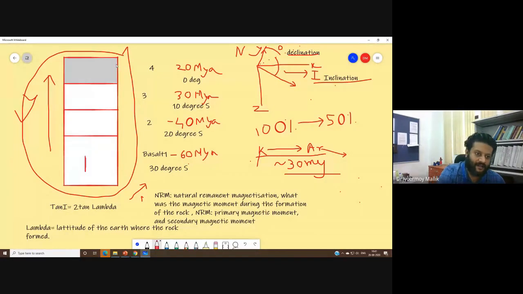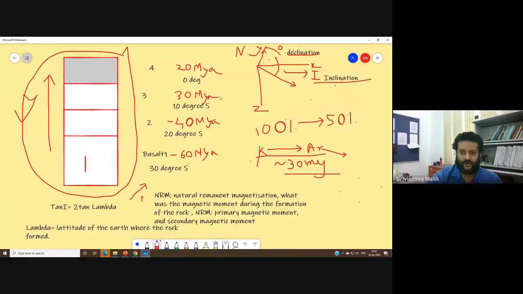That is where this piece of rock is currently sitting. But 60 million years ago, when this basalt was formed, this piece of continent where Bhopal sits was at 30 degrees south. 40 million years ago, it was at 20 degrees south. 30 million years ago, it was at 10 degrees south. 20 million years ago, it was at 0 degrees, which means the equator.